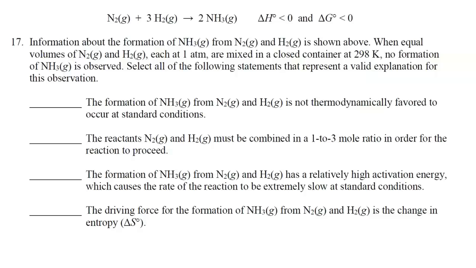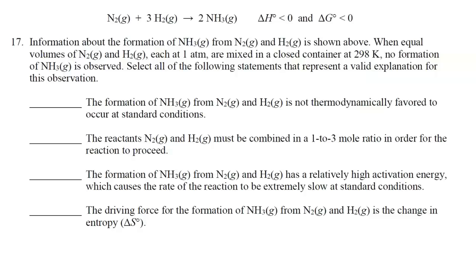Information about the formation of ammonia, NH3, from nitrogen and hydrogen is shown above. When equal volumes of nitrogen and hydrogen, each at 1 atmosphere, are mixed in a closed container at 298 kelvins, no formation of NH3 is observed.